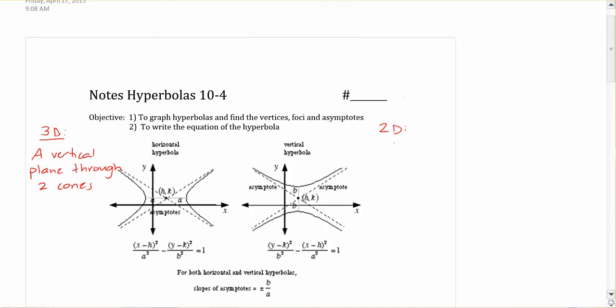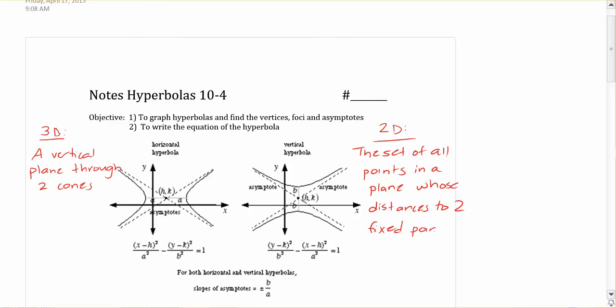Two-dimensionally, it's the set of all points in a plane whose distances to two fixed points, and these points are going to be called foci, have a constant difference. One is a focus; if you have more than one, it's called foci.